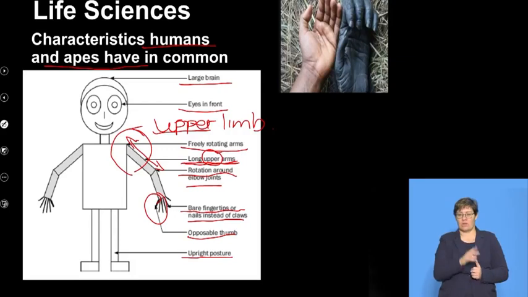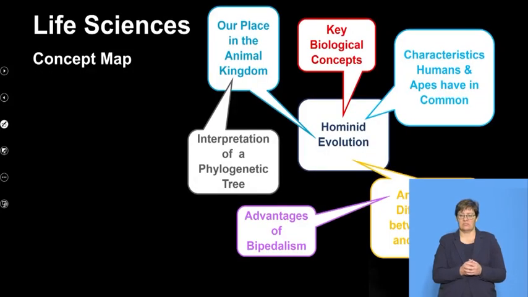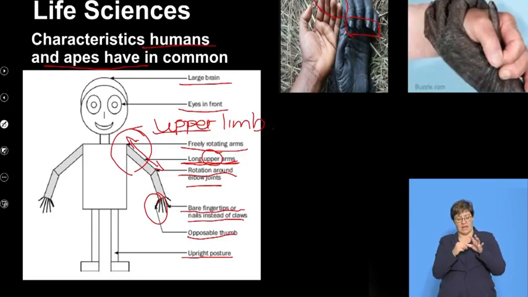All right, so let's have a look here. In these two diagrams, this one shows nicely that the hands are not padded, so they're bare fingertips, and we have nails instead of claws. Then in this diagram, we can see our opposable thumb.